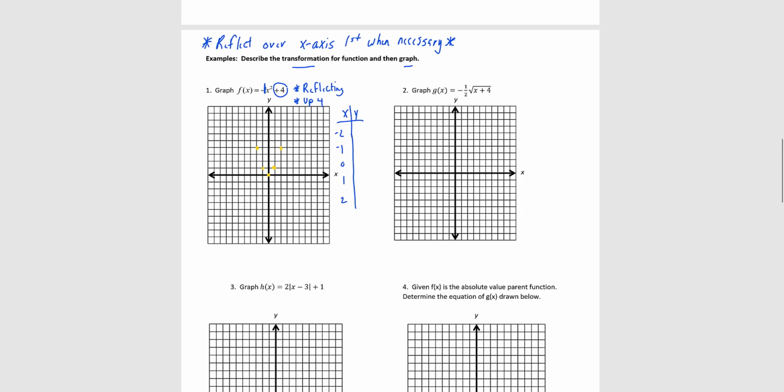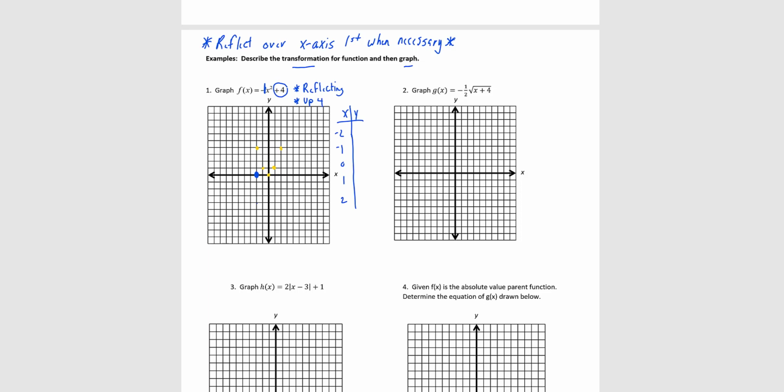So for instance, let's just start at this point right here on the left. If we reflect it, its reflection is going to be 4 units below the x-axis. But then what we have to do is, after we reflect it across the x-axis, we have to go up 4 units.